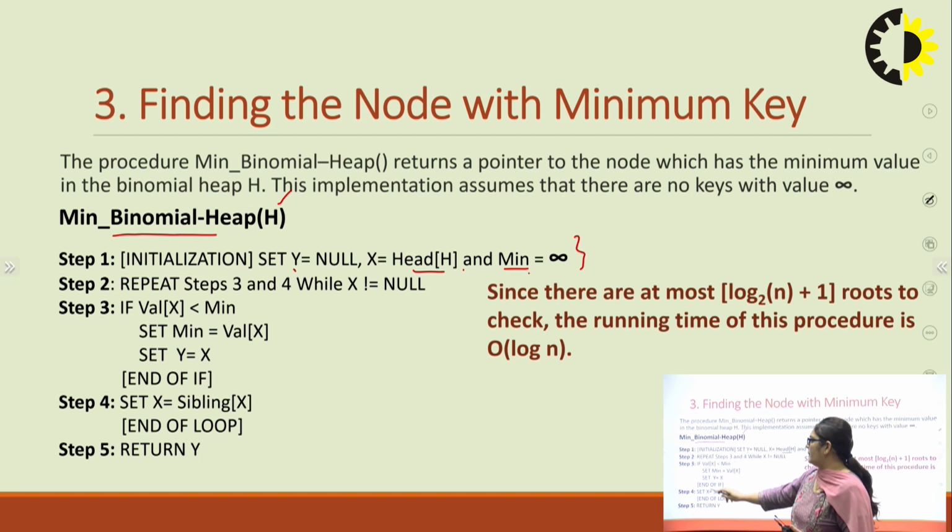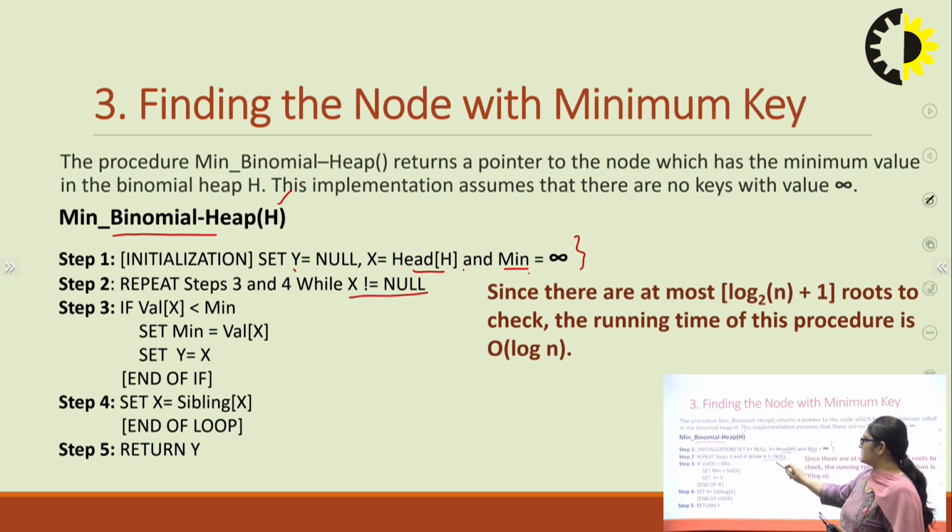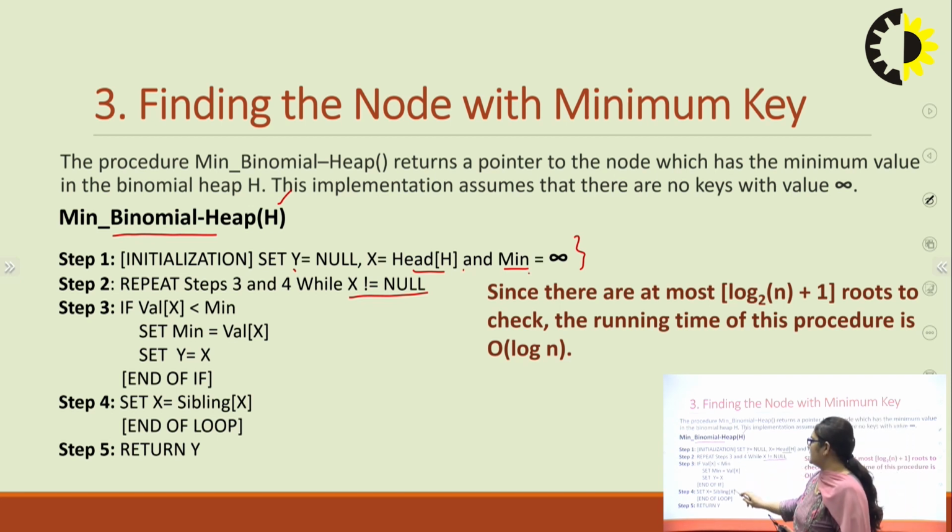Then we repeat steps 3 and 4 until x equals null. In steps 3 and 4, first we compare the min value with the value of x.